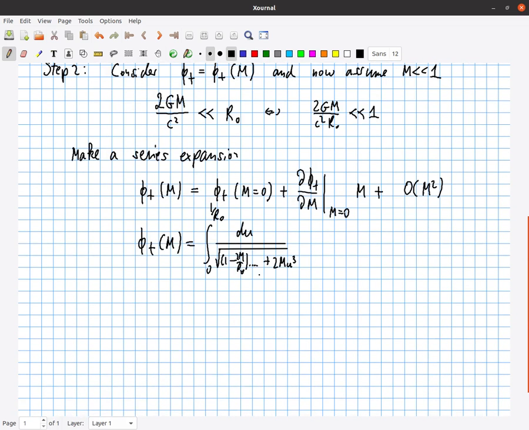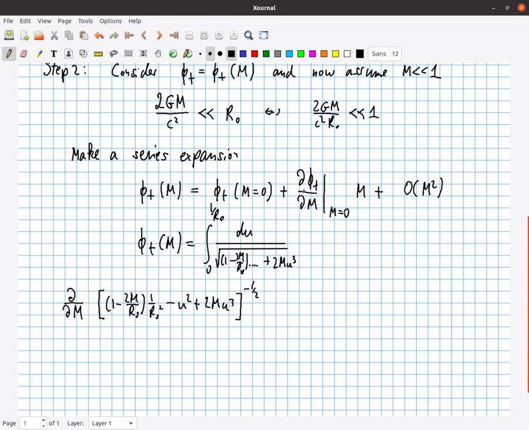This means we need to differentiate this function. Let us do this. D over dm of 1 minus m over r naught, 1 over r naught squared minus u squared plus 2m u to the 3, to the minus 1/2.